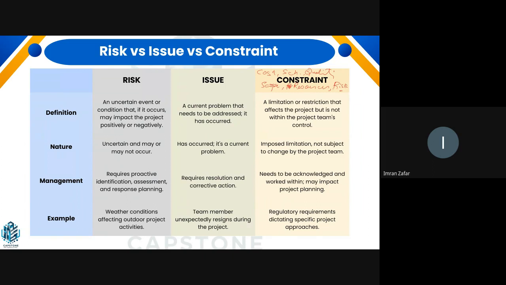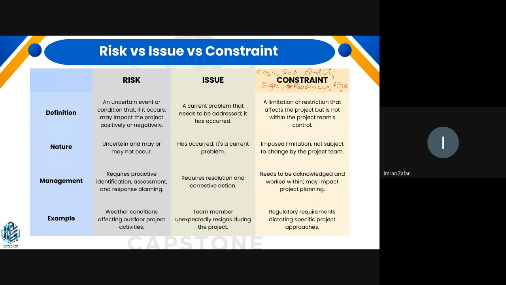If you have a cost constraint, then maybe you cannot have the required quality of resources that you want, or maybe you cannot deliver the scope in too much fancy. You cannot do fancy things in your scope when you are planning for your scope, and one constraint may affect your other constraint.